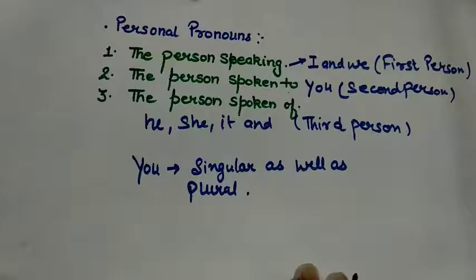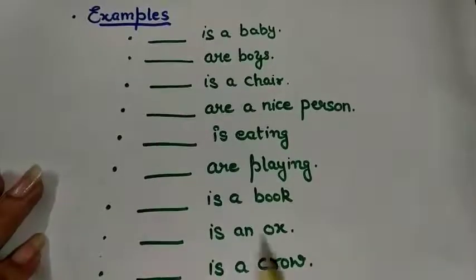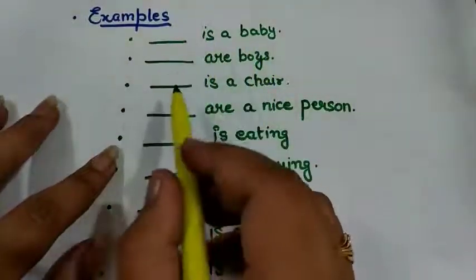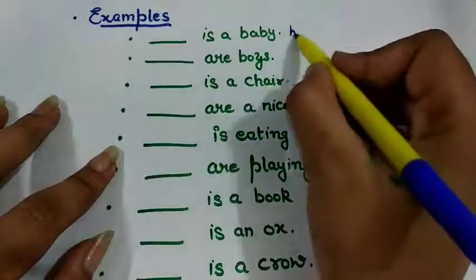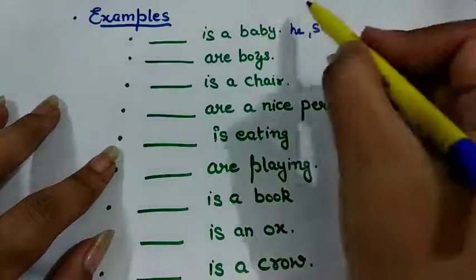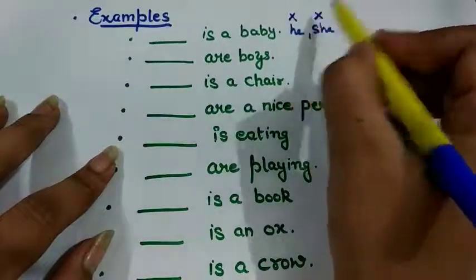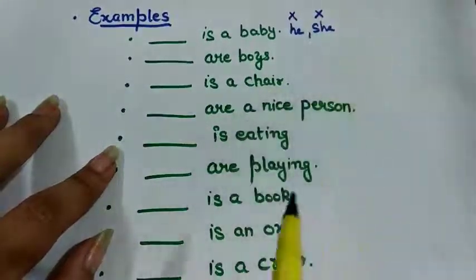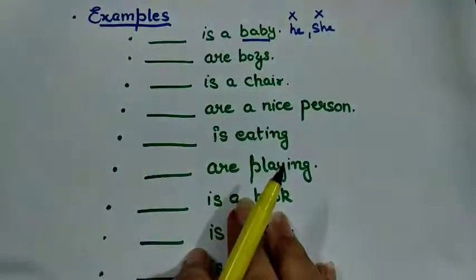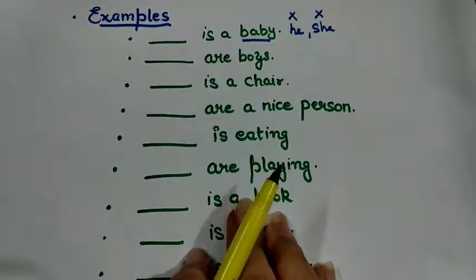Let us see a few more examples so that the concept gets clear of how we can use personal pronouns. Okay, the first example is dash is a baby. Now here some of you will fill in he, she like this, but let me tell you both are wrong, because baby is a word which is not clarifying whether the baby is a girl or a boy.